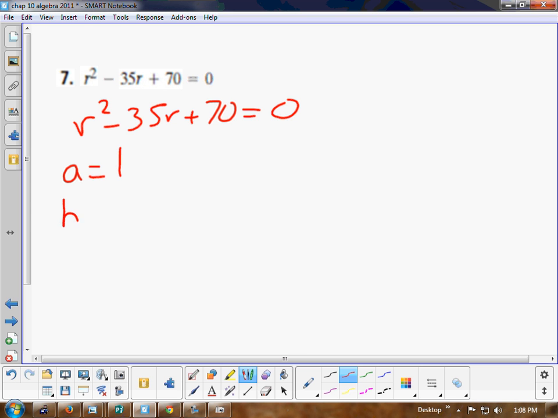It's 1. B is, thank you, negative 35. C is 70. Okay, that should not be a stretch for people. A, B, and C, it's already in standard form. 2A is 2, right?